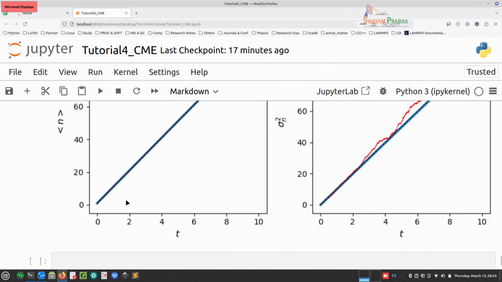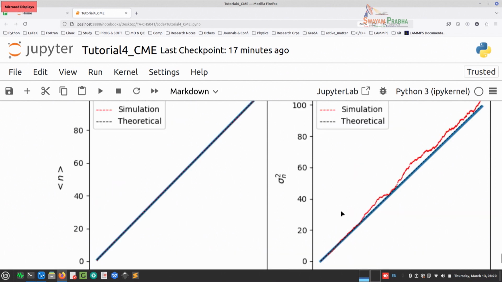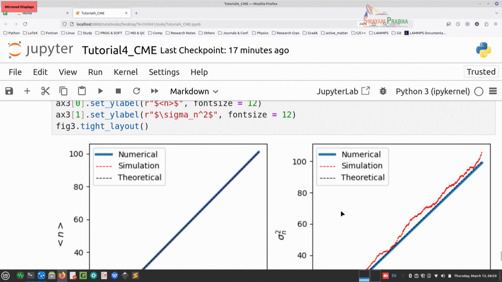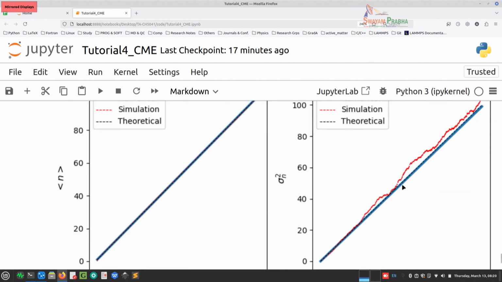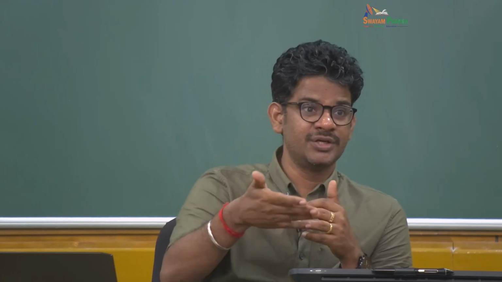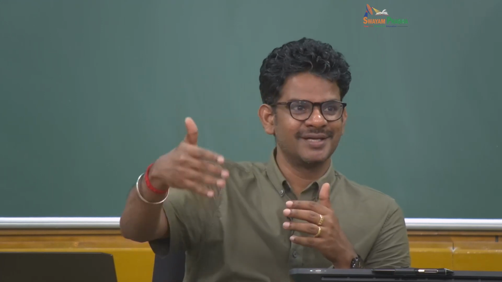And you can see that the mean and everything scales nicely with the time t, okay. Here the variance is plotted as a function of time t, where you see that numerical and theoretical are exactly matching, but the simulation trajectory is almost the same, though you see some deviation. This is mainly because the standard deviation also grows in time, so you need more trajectories to average when you go to larger and larger times.